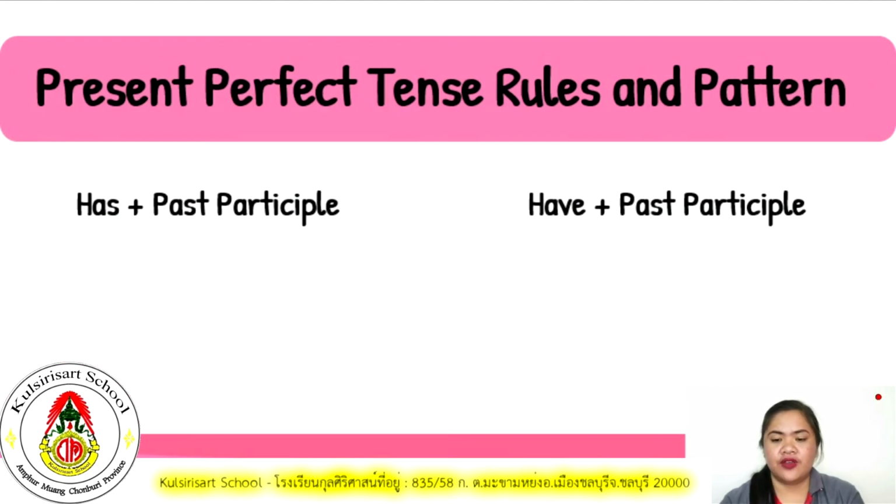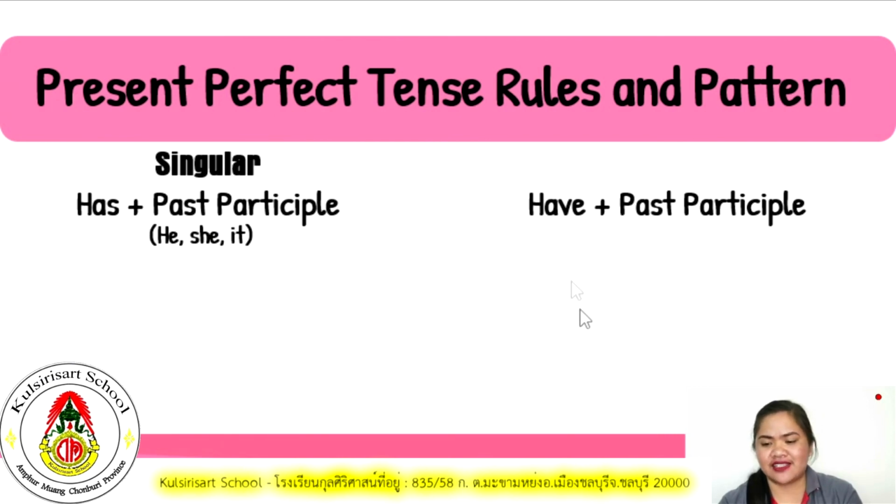Next, the formula or the pattern in present perfect tense is has plus past participle if our subject is singular, which includes the pronouns he, she, it. If these pronouns are your subject, you are going to use has plus the past participle of the verb. Next, have plus past participle.